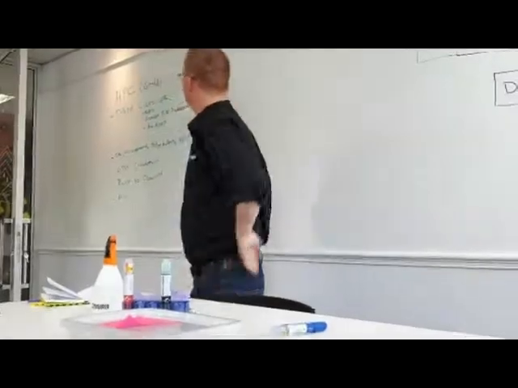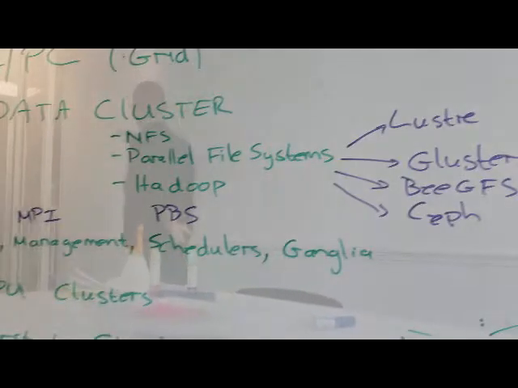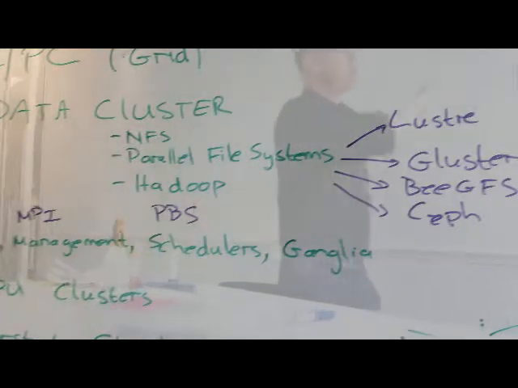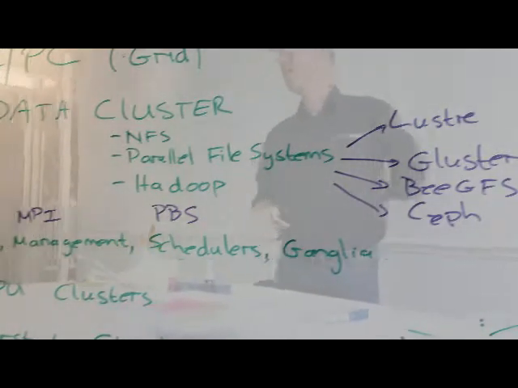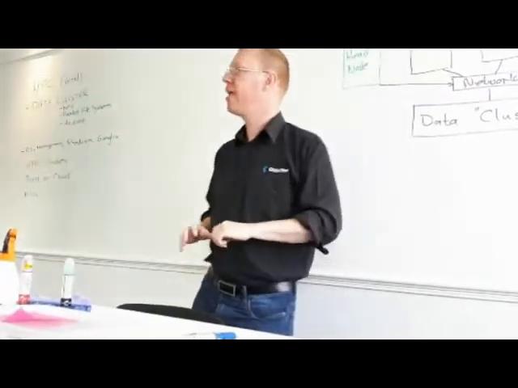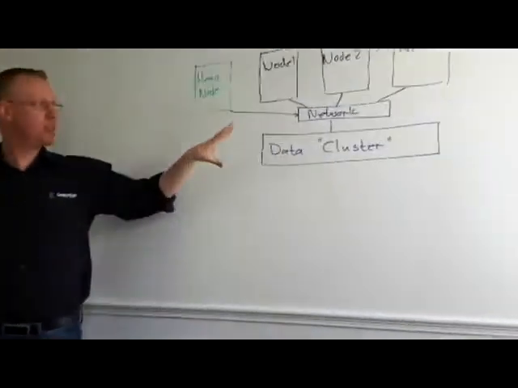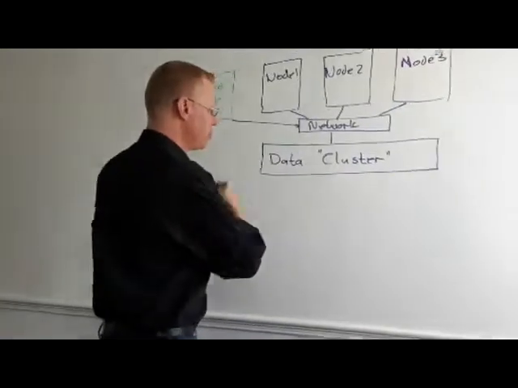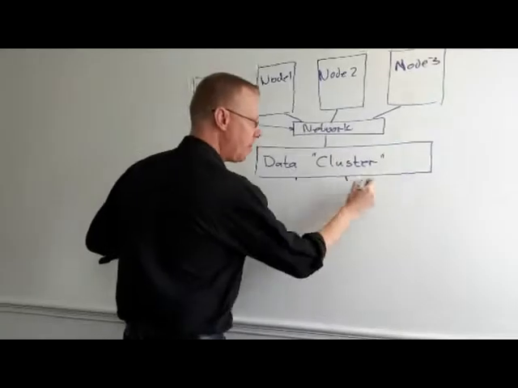Okay. So that brings us on to the next topic, which is the data cluster itself. Your data infrastructure becomes extremely important because everything is always accessing it, and how you do that. So what typically happens is this is divided into a number of machines itself.